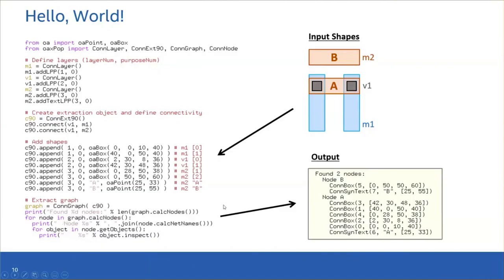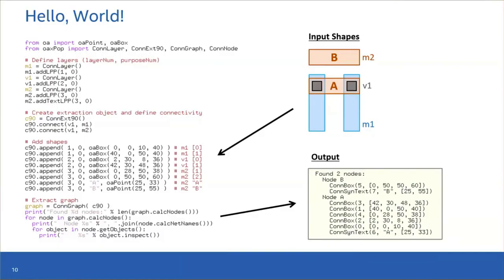The first thing I do, and there's a helper feature in there, is to calculate the net names on a node. The reason there may be more than one net name on a node is that you could have a short circuit, whether it was something intended to short together or a problem.